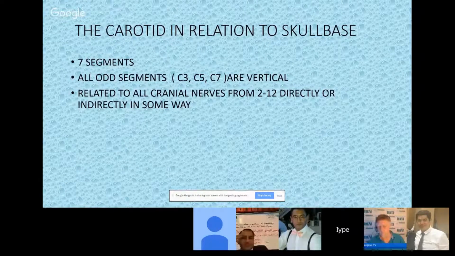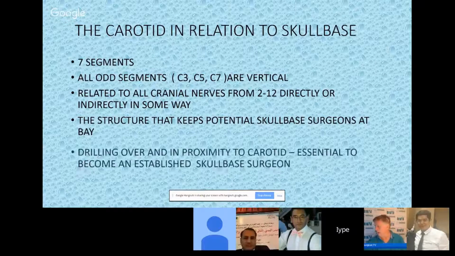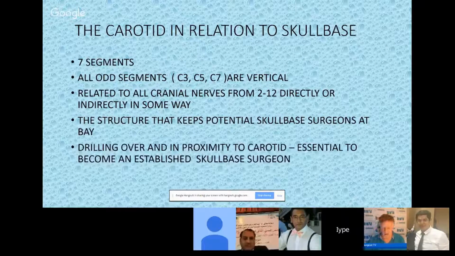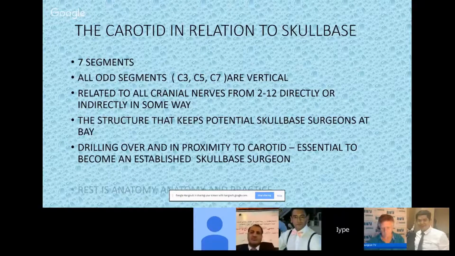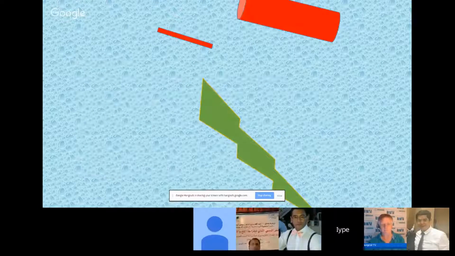Every segment of carotid in some way, directly or indirectly, is related to a cranial nerve. You will see how it is. And it is a structure that keeps potential skull base surgeons at bay. Drilling over and in proximity to carotid is essential to become an established skull base surgeon. The rest is anatomy practice. So now let us start off.